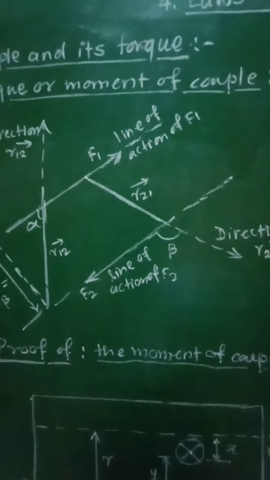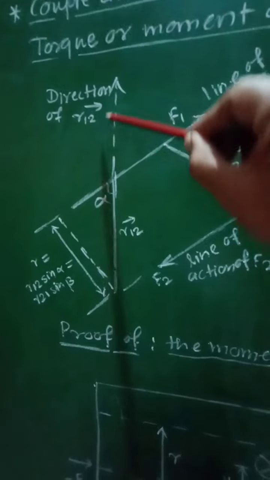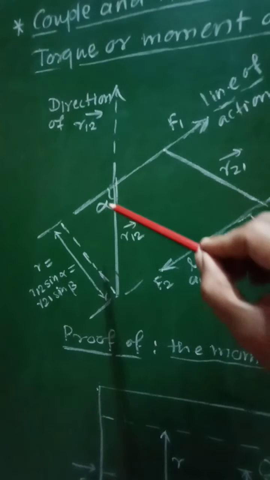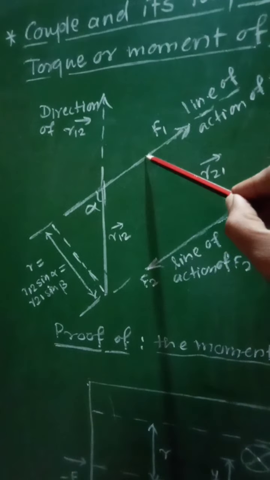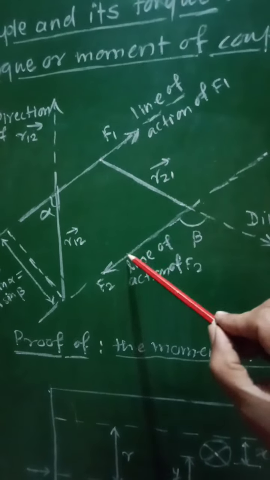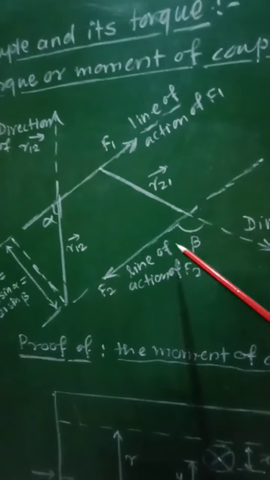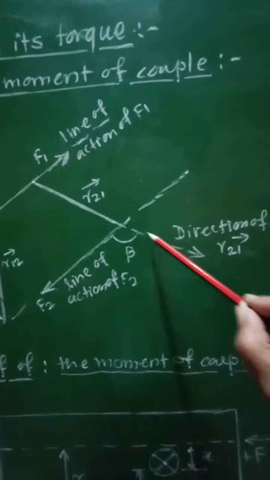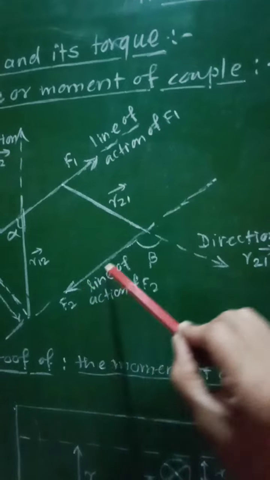So r12 and r21 are the position vectors of points between the two forces F1 and F2. In this case, the direction of vector r12 makes angle alpha with the line of action of force F1, and the direction of position vector r21 makes angle beta with the line of action of force F2.